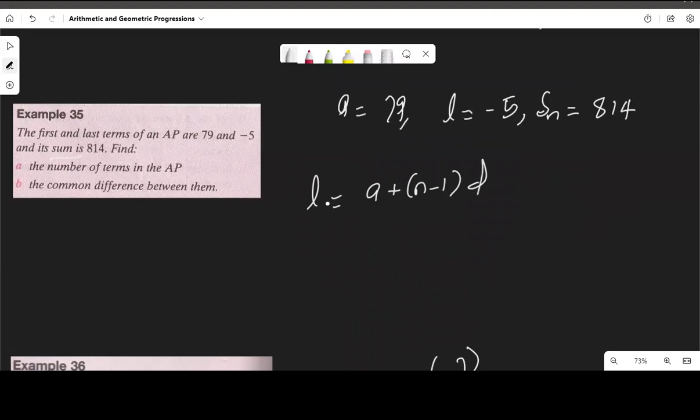And L is negative 5, so negative 5 is equal to 79, that is A, plus n, which we just calculated to be 22, minus 1 times d.